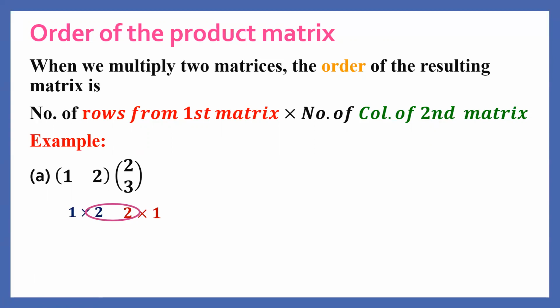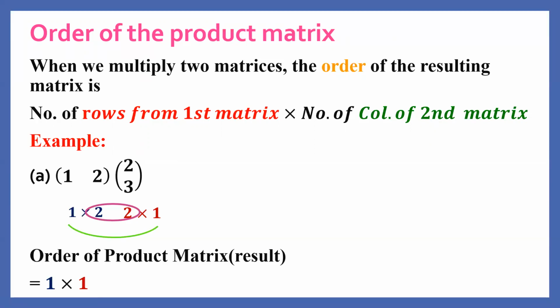What would be the resulting order of the answer? It will be a 1 by 1. That is, I consider the number of rows from the first matrix by the number of columns of the second matrix. So the answer would be a 1 by 1 matrix.